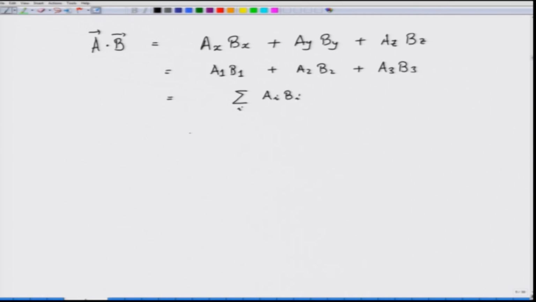And in terms of the delta symbol, I can write this as summation over i, summation over j, delta ij A_i B_j. So, this is A dot B.